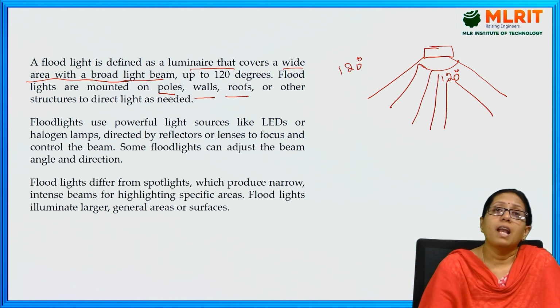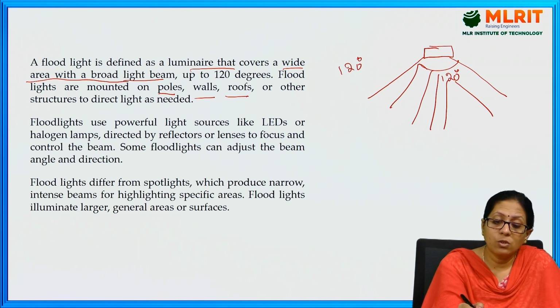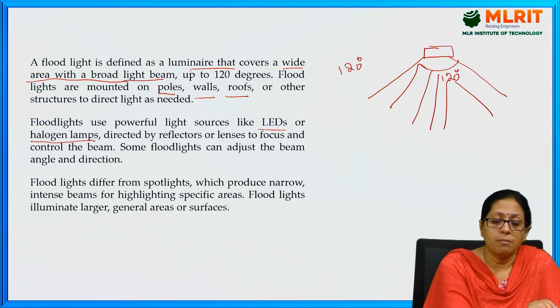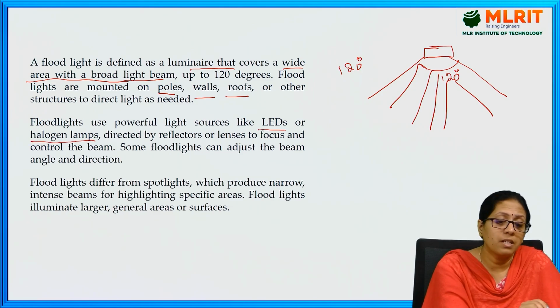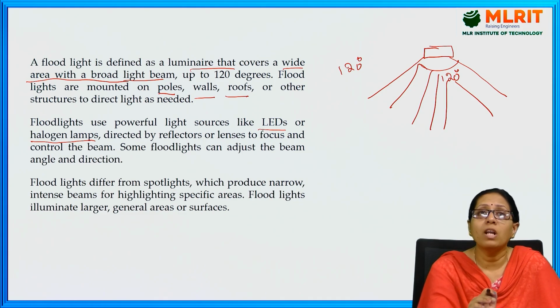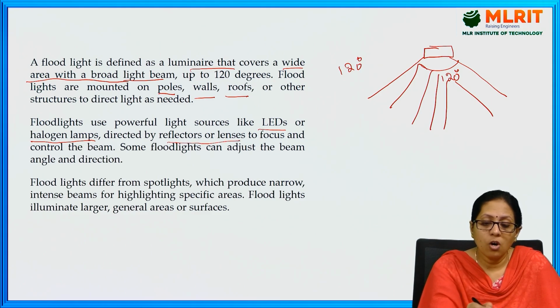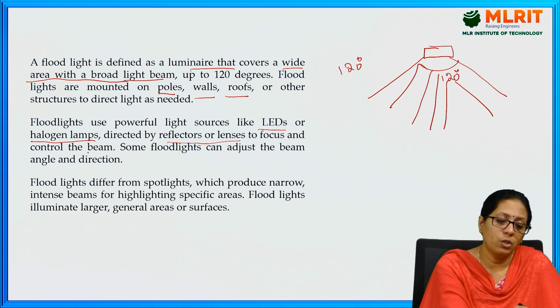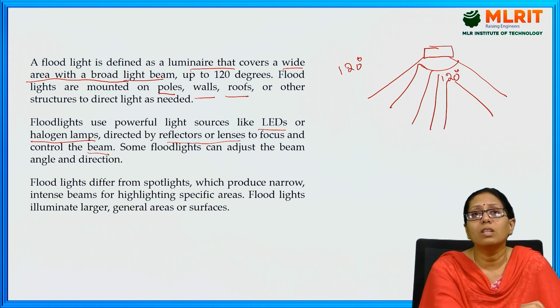Floodlights are powerful light sources like LED or halogen lamps. The incandescent lamp is not useful in this place. Here in floodlights, we use LED lamps or halogen lamps directed by reflectors or lenses to focus and control the beam.